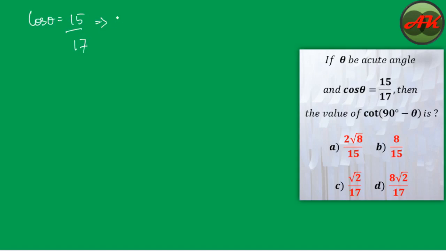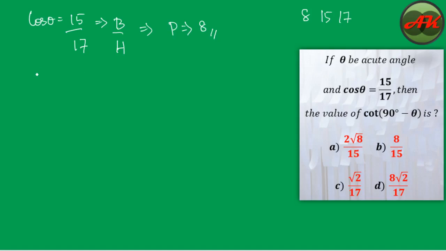Cos theta is base by hypotenuse. So we have learned that 8, 15 and 17 for even numbers. So here perpendicular is 8 here.